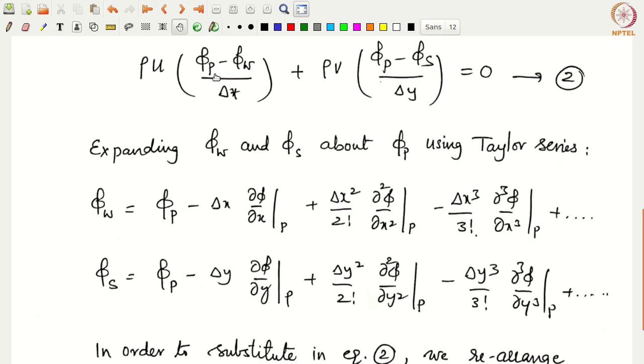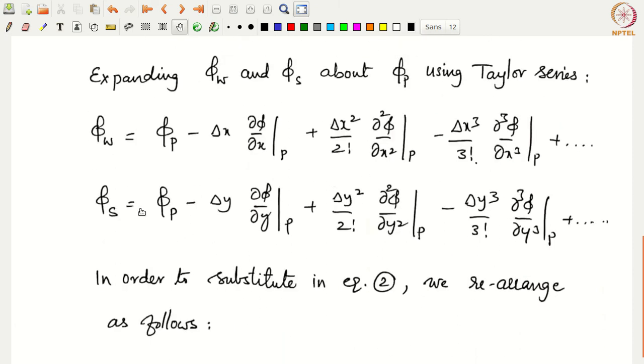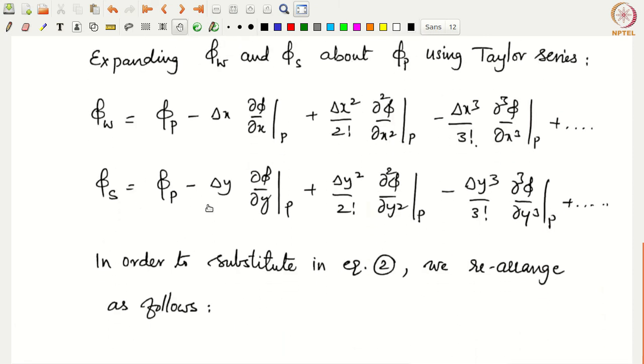So if we want to write phi P minus phi W, divided by delta x, we can write this from here. Essentially phi P minus phi W, that would give you this entire term sent to the left hand side, but then we want to divide by delta x, right? So what would remain for phi P minus phi W divided by delta x?